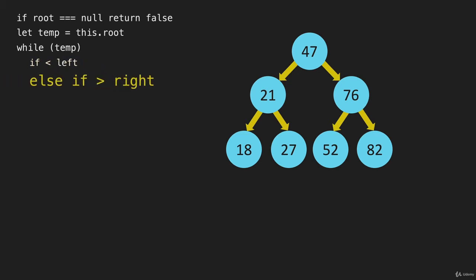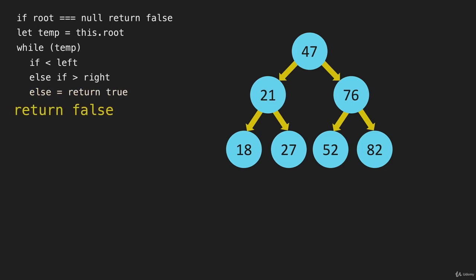If it's greater than, we're going to go to the right, and then there's a third option. It could be equal to, in which case we would return true that that item is in the tree. And if temp ever becomes equal to null, it'll break us out of this while loop and we'll return false.